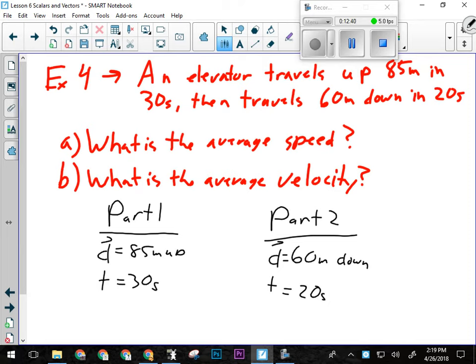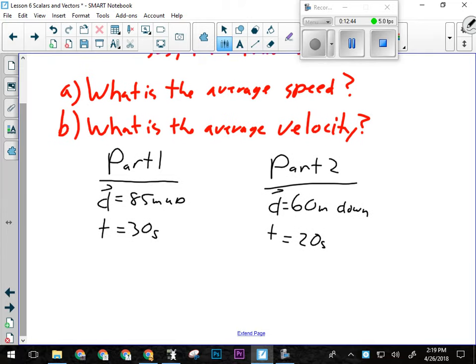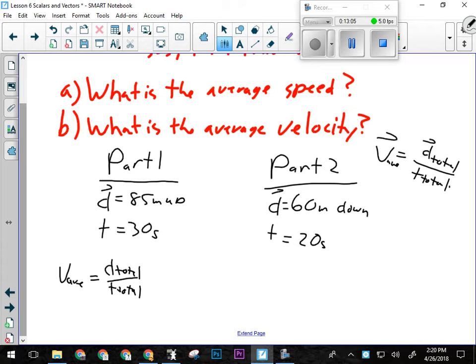Now we should be able to figure out what we're doing here in terms of average speed. Remember that average speed is total distance over total time, and average velocity is total displacement over total time. Keep those in mind.